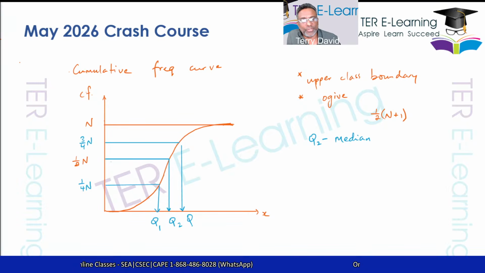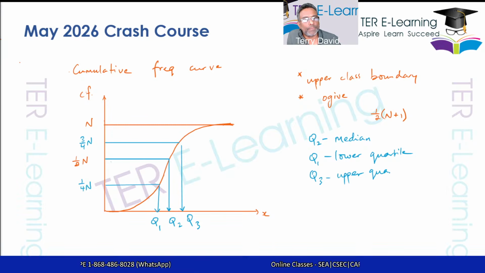That's what you're going to read off here. So Q1 is the lower quartile, Q3 is the upper quartile. All right, so be aware of that.